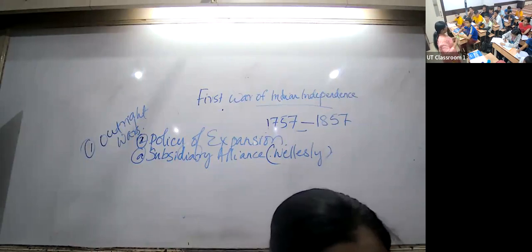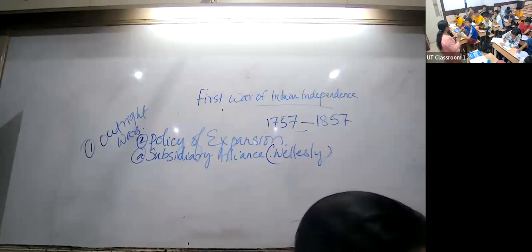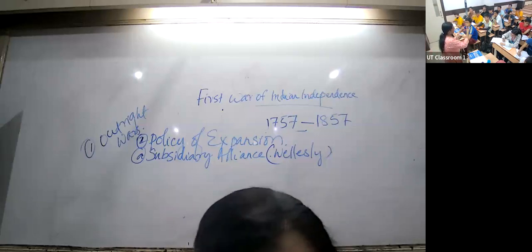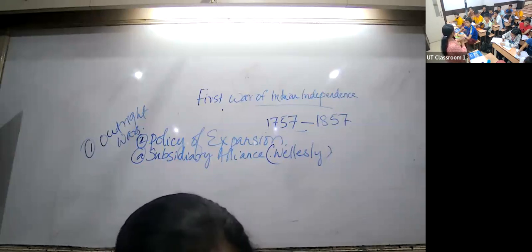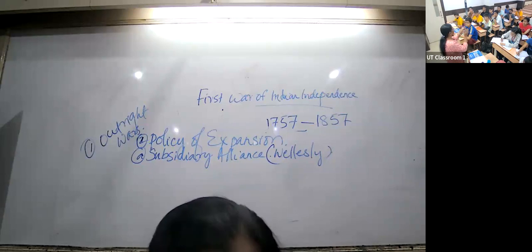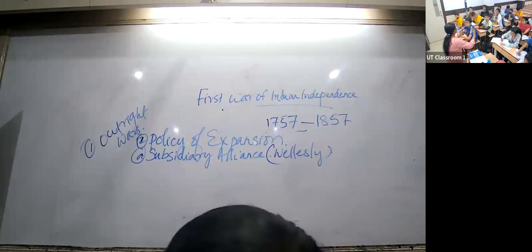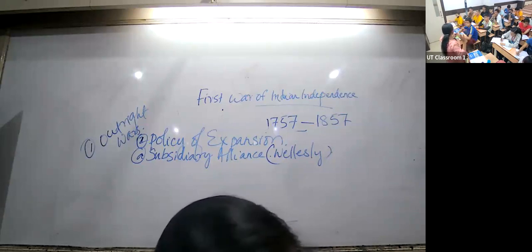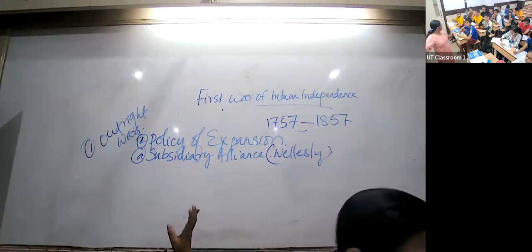These all conditions come under subsidiary rights. So the first thing is that the territory is not annexed, but one agreement is made between that respective ruler and the British. Clear, what is subsidiary alliance?